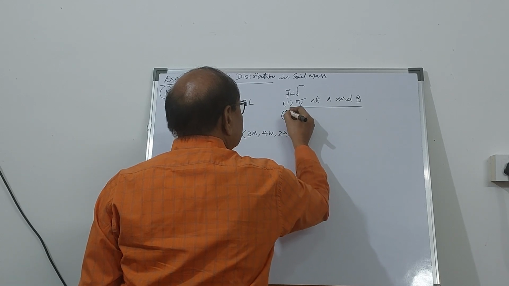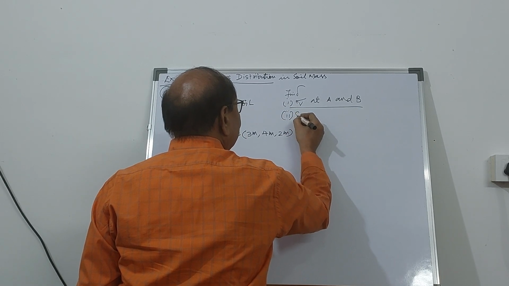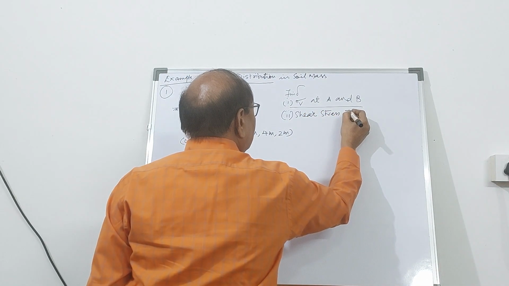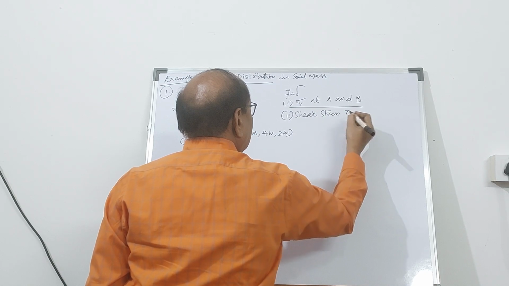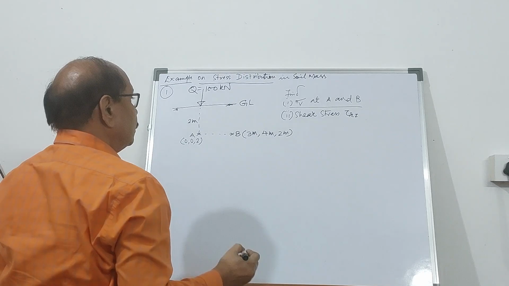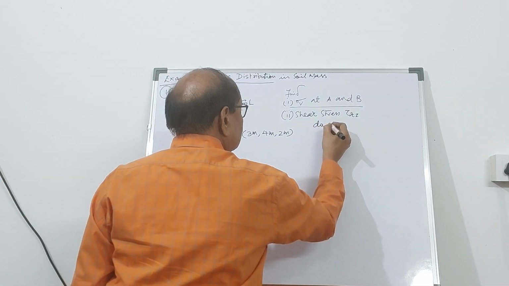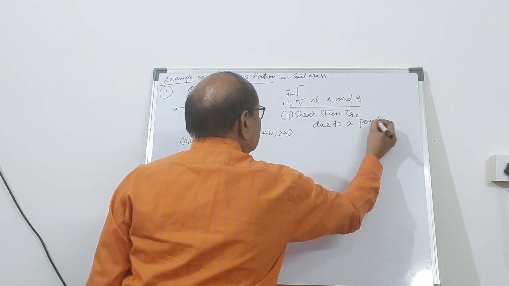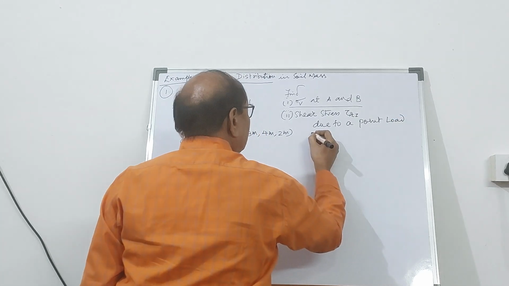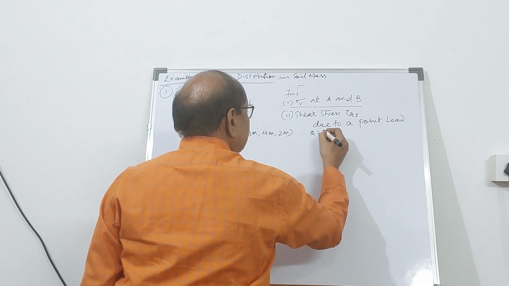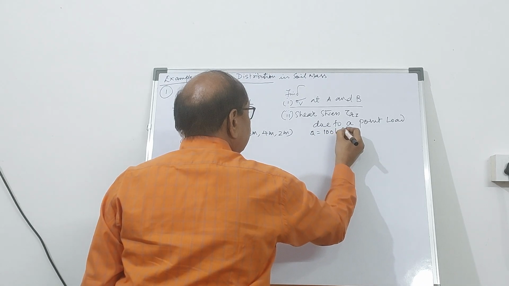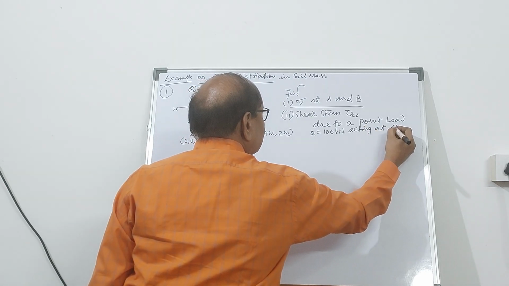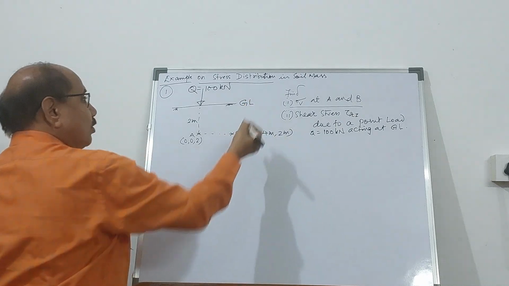And the second part is also find out the shear stress tau R due to a point load Q equal to 100 kilonewton, which is acting at ground level. So this is the problem.